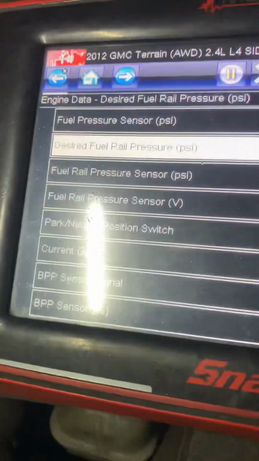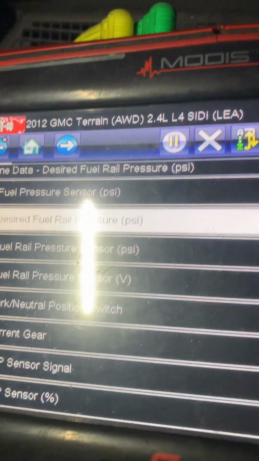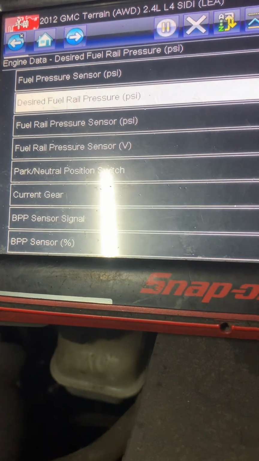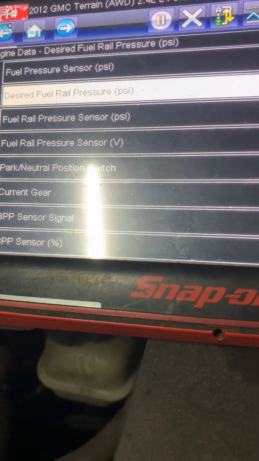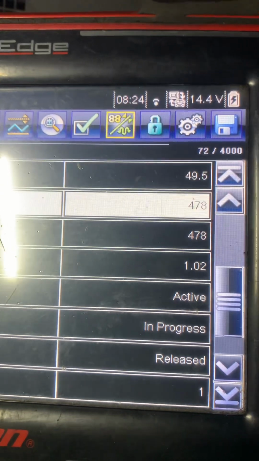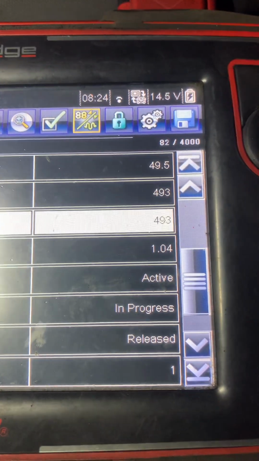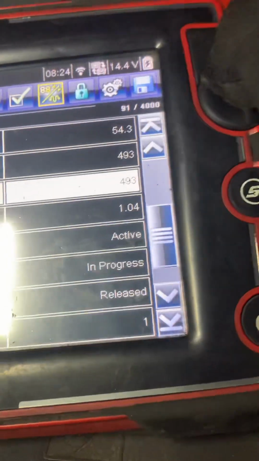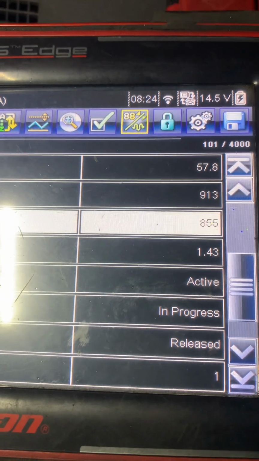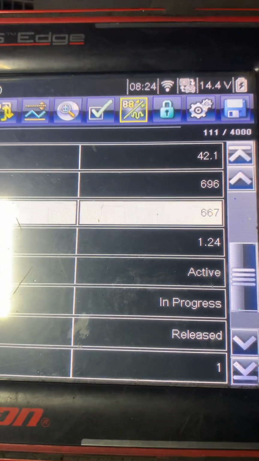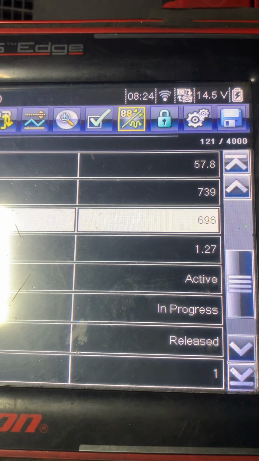Fuel rail desired is opposite from actual. The highlighted is desired. This is actual. Step on the gas, please. Okay, good. Thank you.